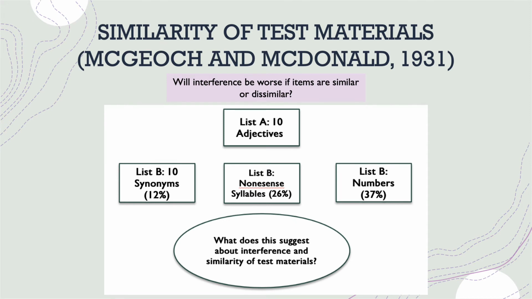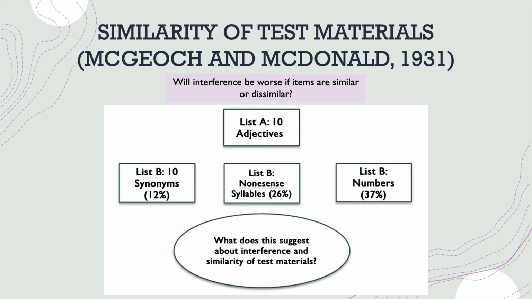All participants had to learn a list of 10 adjectives, so describing words, and then they had to learn either a list of 10 synonyms, so 10 words that meant the same thing as those adjectives, or they had to learn nonsense syllables, or they had to learn numbers.